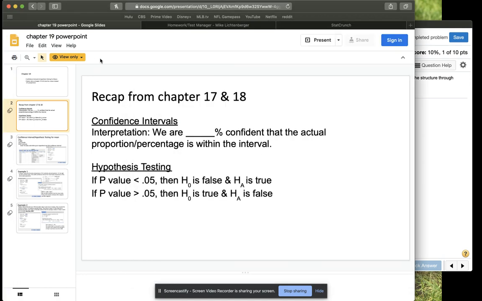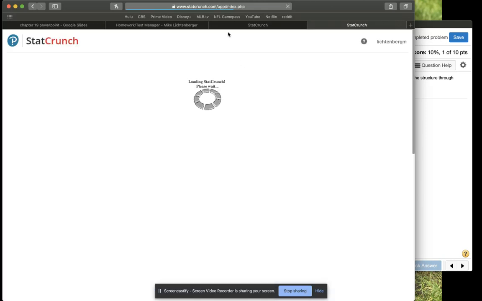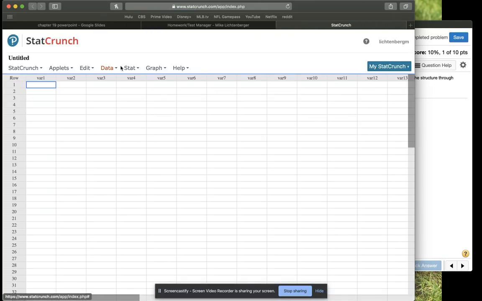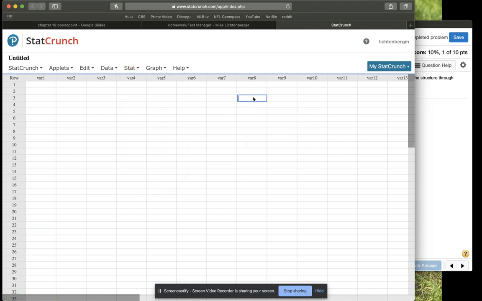I'm going to go T-stats on this one. So let's open StatCrunch. We're going to go Stat, T-stats, one sample with summary.